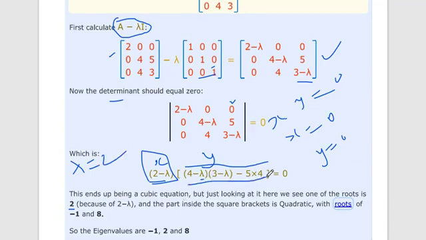Now let's say the other factor is equal to 0. So 5 and 4 will multiply and move to the right side, so this is equal to 5 into 4. With the help of the quadratic equation we can solve and get the roots of lambda as minus 1 and 8.